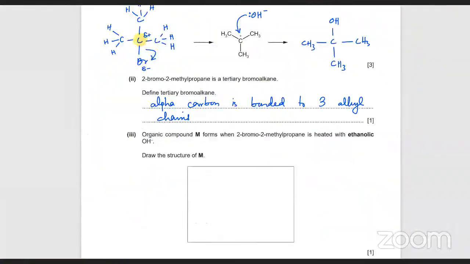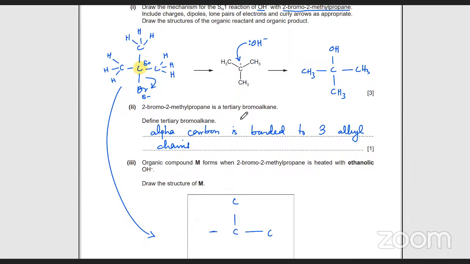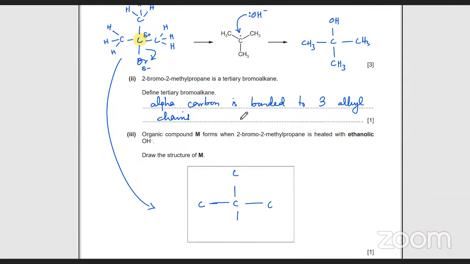तो यहाँ पे same thing. इधर क्या होगा कि अगर ethanolic use किया ना, तो इसके साथ CH3 थे, ठीक है? So it had 3 CH3s and there was a Br. अब क्या होगा?